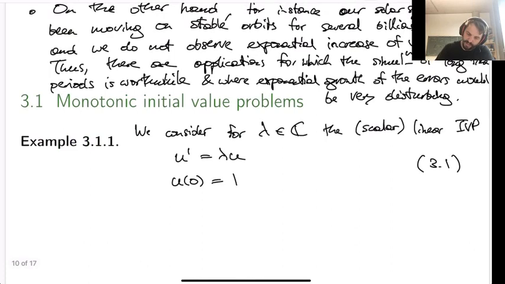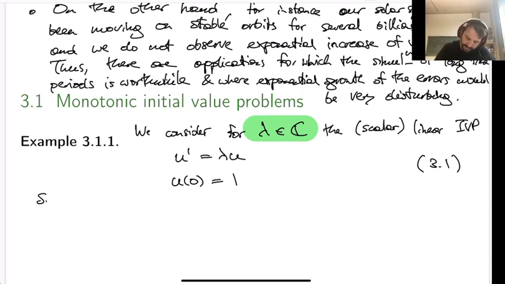And we are looking at complex constants here, because the two parts of this complex constant have two different roles in our problem.